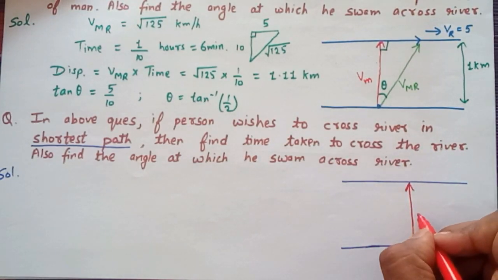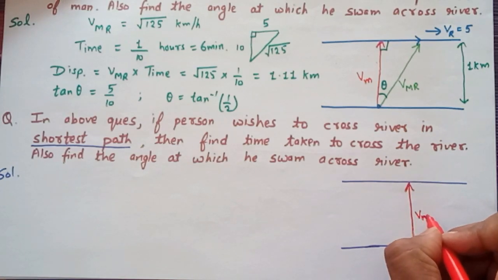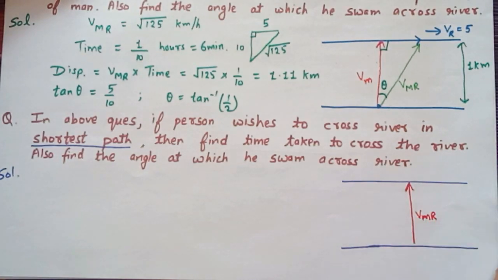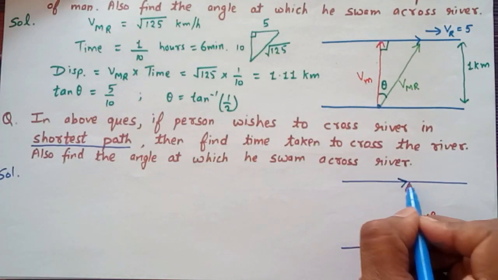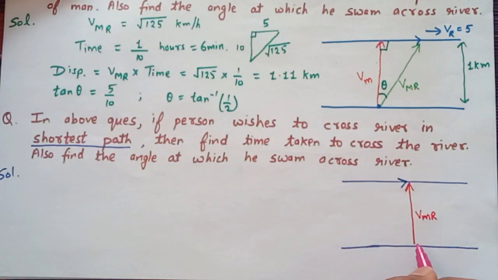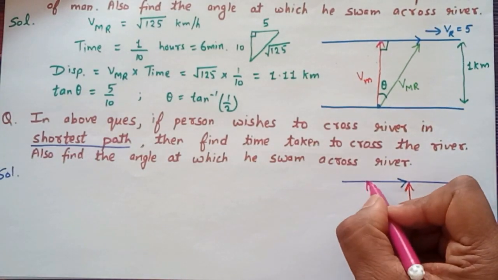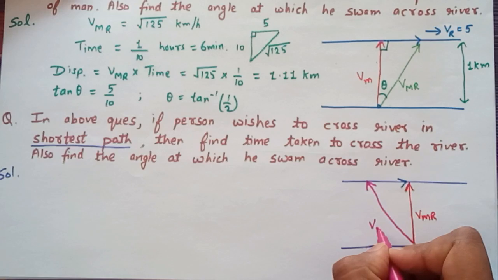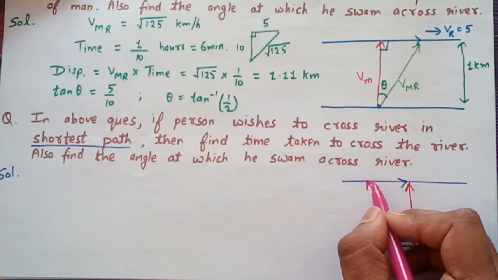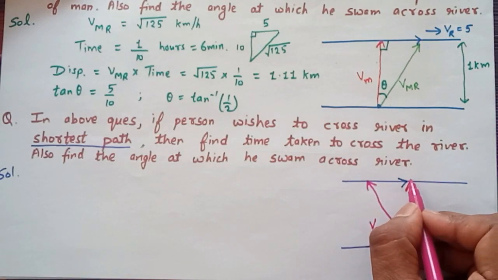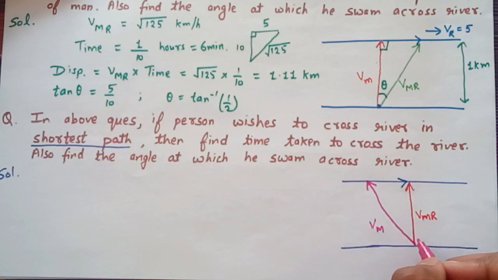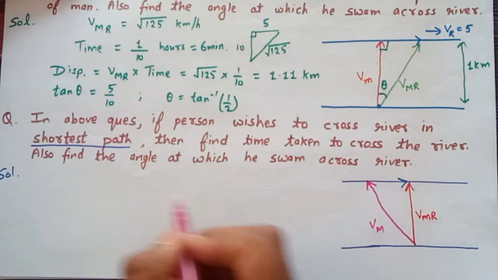So this should be the velocity of the man with respect to the river finally. If water is flowing in this direction, then he has to try to swim across in this direction. The man will try to swim in this direction. Due to the flow of water, he will come to this point, and then we can say it is the shortest path.